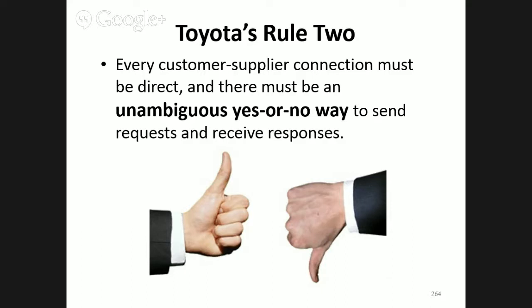All right? So every customer-supplier connection must be direct, and there must be a yes or no way to send requests and receive responses. That means there's none of this, I ordered 100 parts. Will you have it here by Friday? Yeah, pretty sure we will. That don't work. It's either yes, I will, or no, I won't. And if it's no, I won't, I said, no, I will have it to you Saturday.